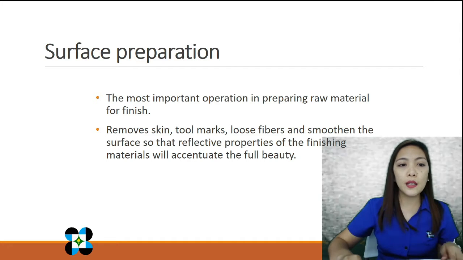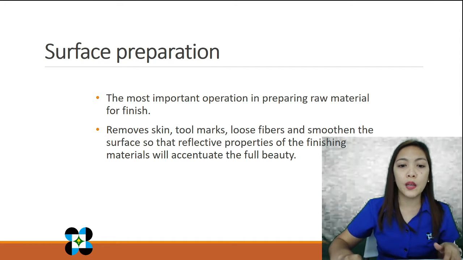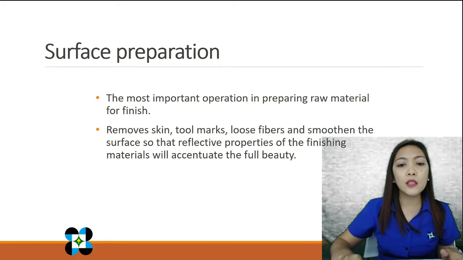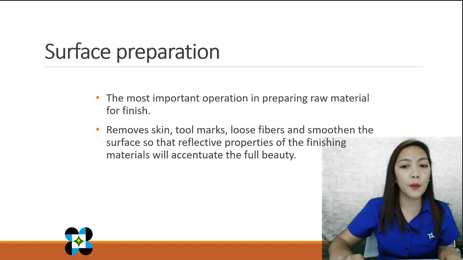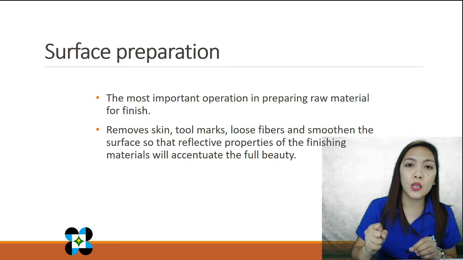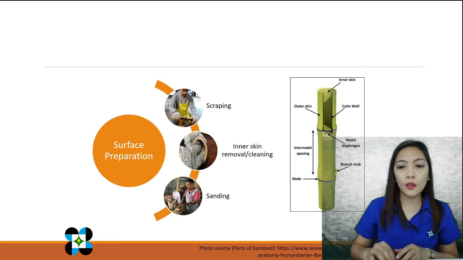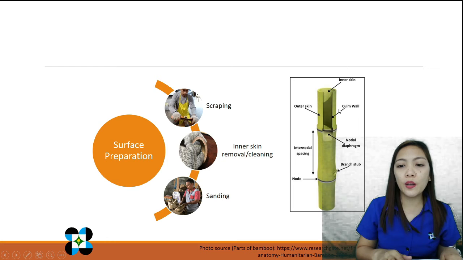So, basically, in surface preparation, we remove skin for bamboo, the tool marks for both wood and bamboo, loose fibers, and smoothen the surface so that yung mga reflective surfaces or reflective properties ng finishing materials will accentuate the natural beauty ng ating substrate.